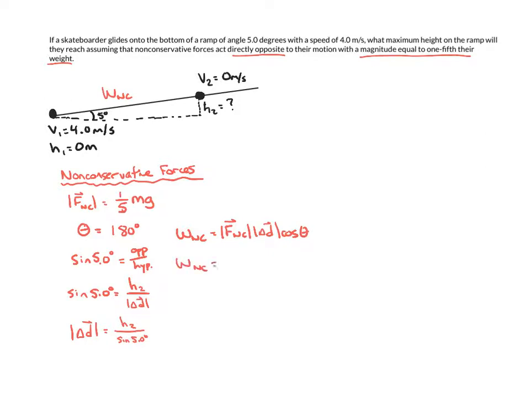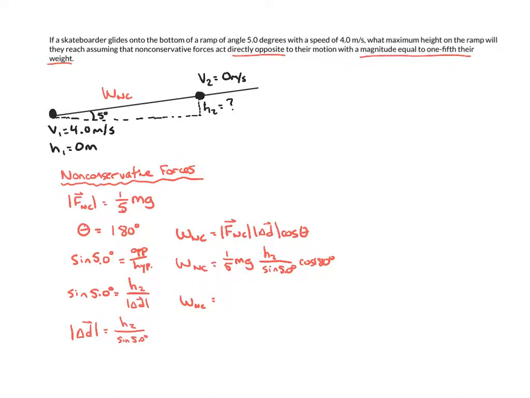So that's going to be 1/5 mg. That's the force we got. Times h2 over sine of 5 degrees times cosine of 180 degrees. And when I simplify all of that, cosine of 180 degrees is -1.